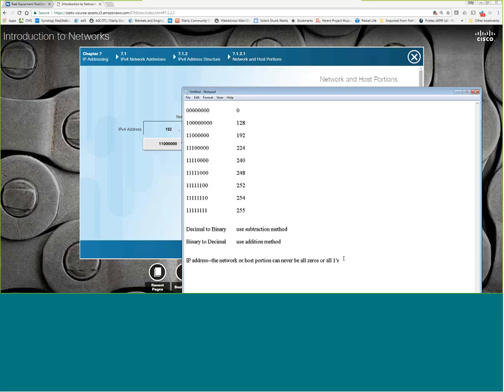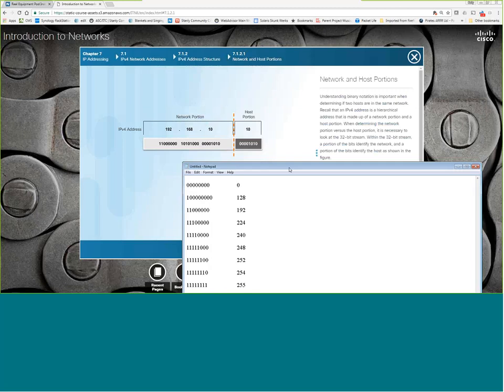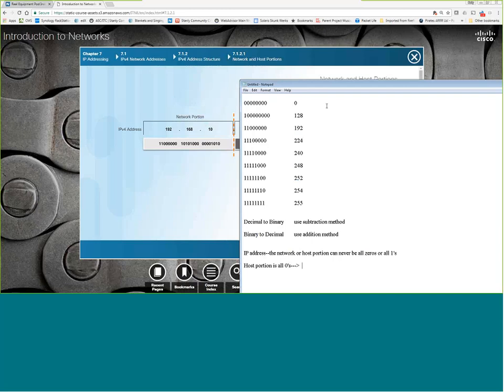What you're going to learn is that when the host portion of an address is all zeros, what is that? Anybody remember? When the host portion of an IP address is all zeros, what is it? Keisha? That's your network ID, your wire ID.